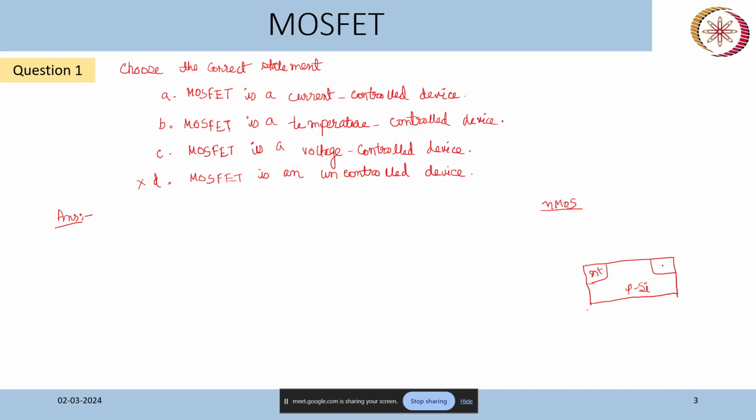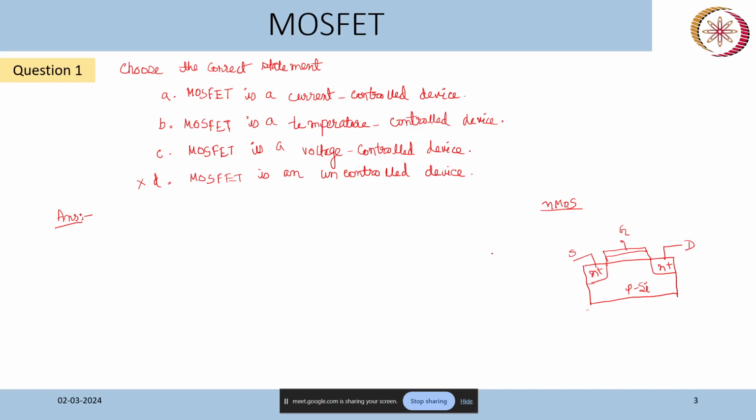For NMOS, these are N plus. And then this is the oxide layer, and this is the gate terminal. These source and drain are symmetric. Let's consider this is source and this is drain.